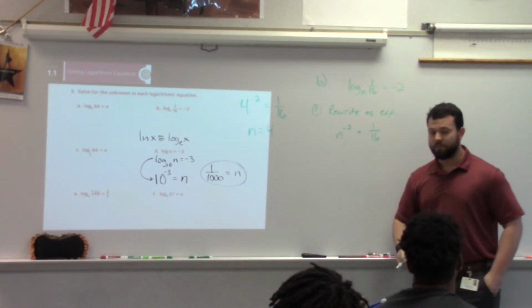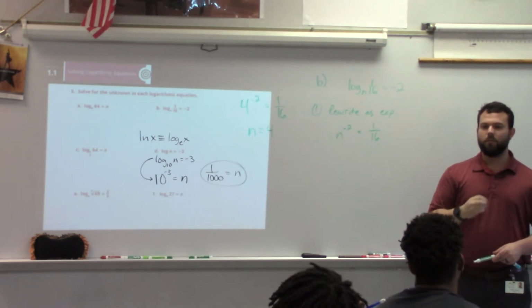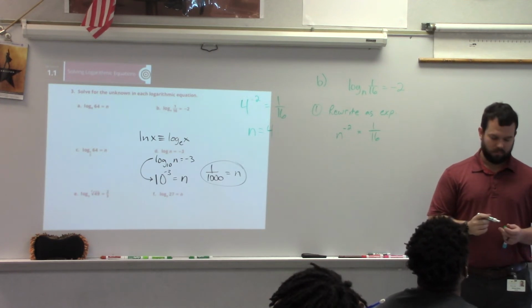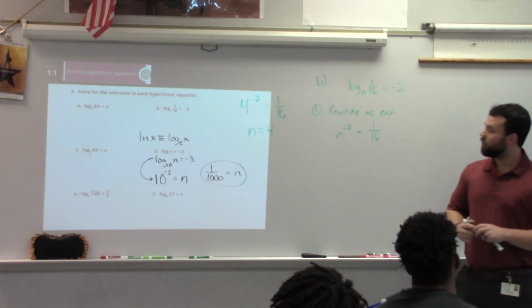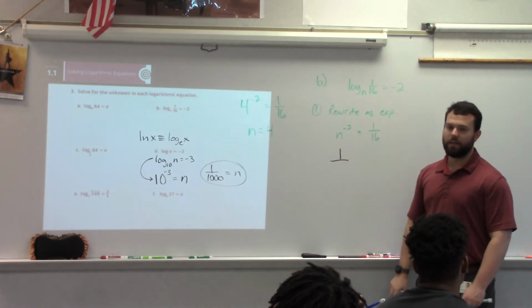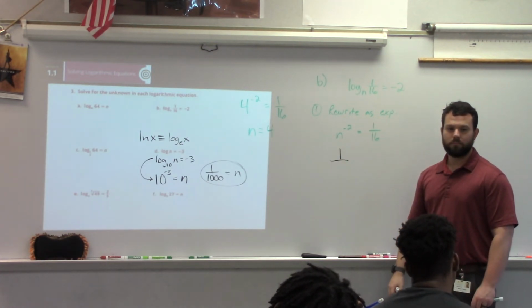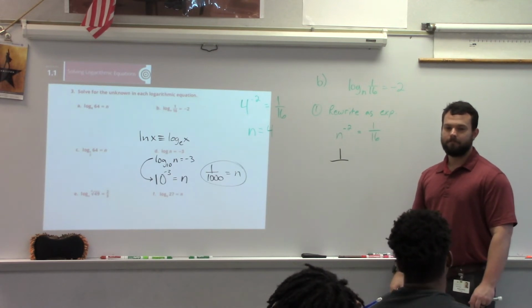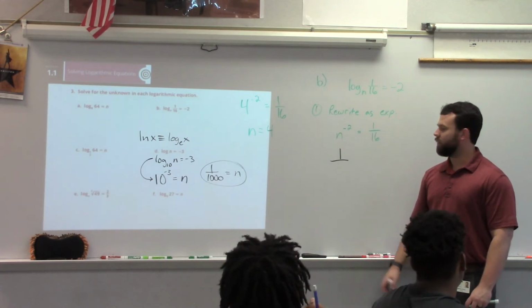Now you can actually do it very easily from here if you remember one detail. What is a negative exponent? Division. So instead of writing n to the -2, I might write this as 1 divided by n squared.